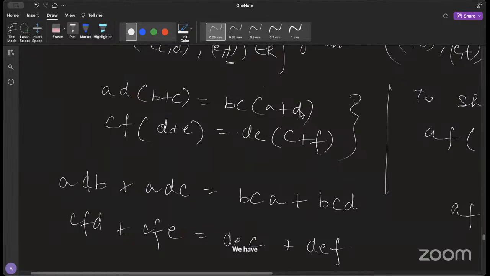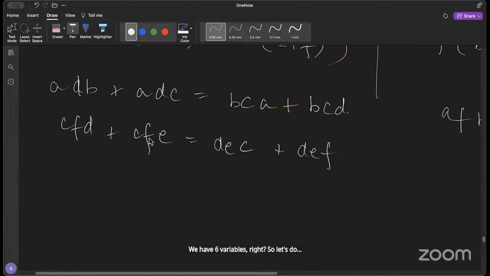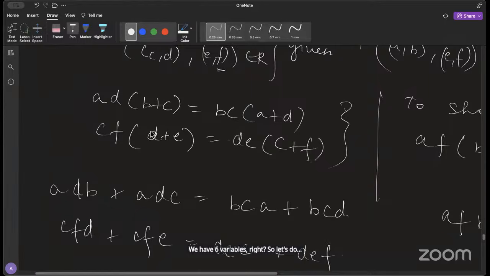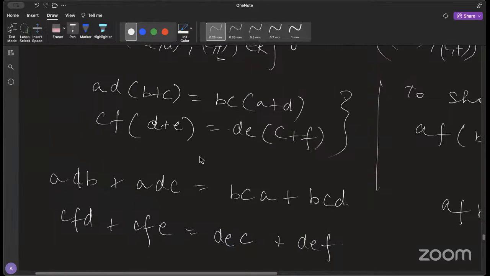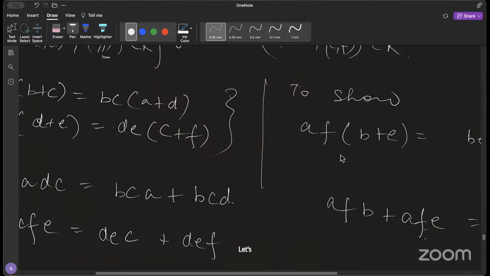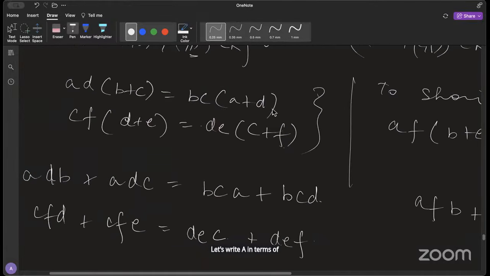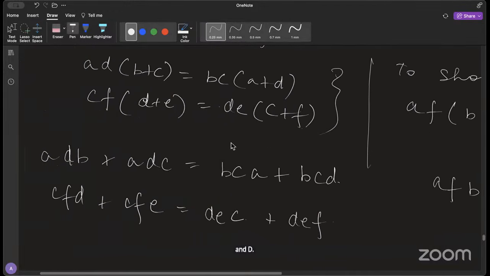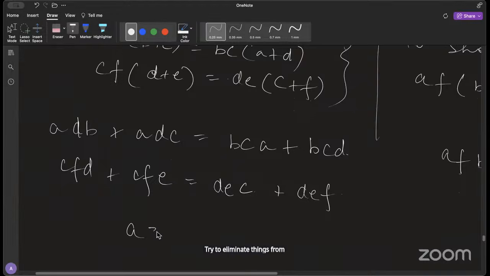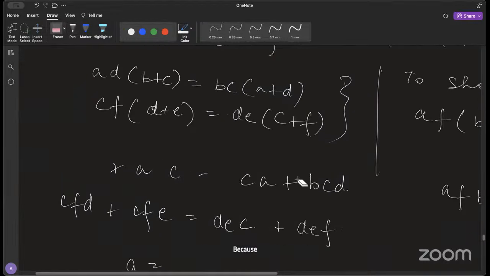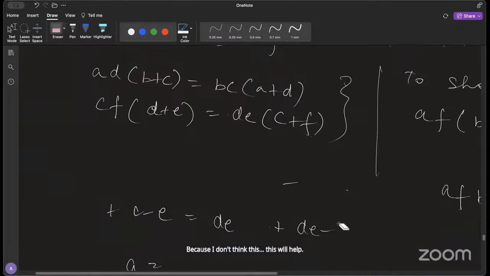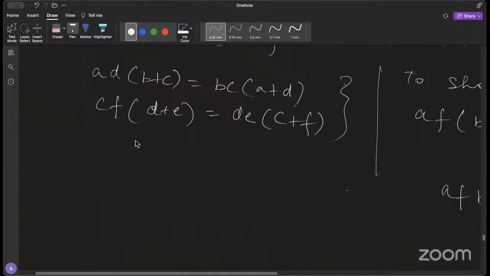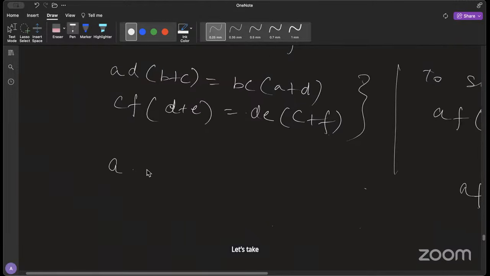We have 6 variables, right? So let's write A in terms of the other ones, B, C, and D. Let's try to eliminate things from here. Let's write A because I don't think this will help. Let's take A in terms of this.